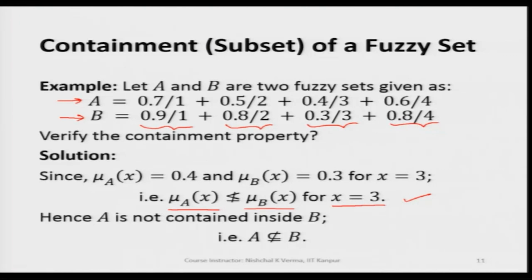Otherwise, if for x is equal to 3 the membership value were equal or less in A than B, we would have said that B is containing A or A is contained in B. Since at x is equal to 3 it is violated, we can clearly say that A is not contained in B, and mathematically we can represent this as A is not contained in B.